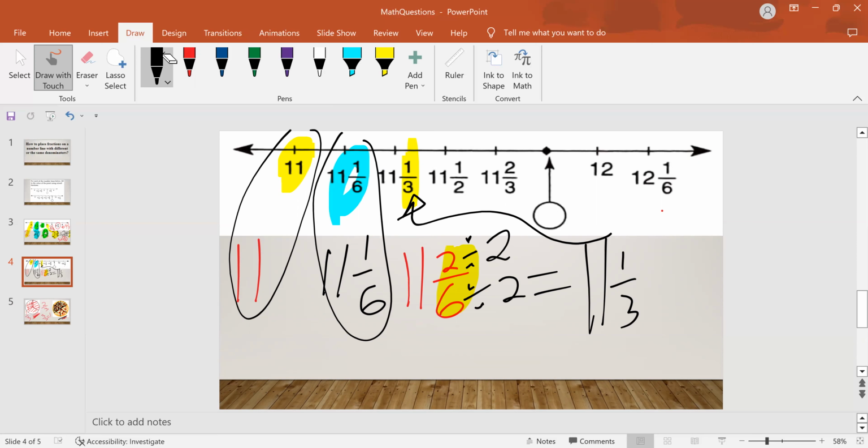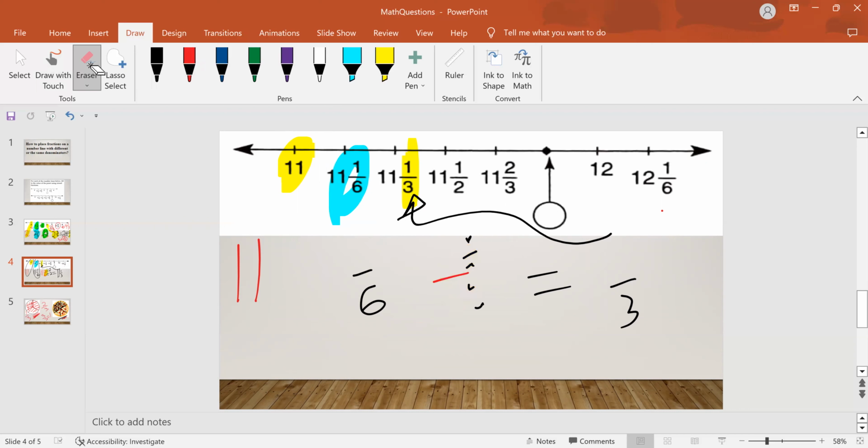So after we use 11 and 2 over 6, we're going to use now 11 and 3 over 6. Again, I will write it clearly so you will see the pattern, because there is a pattern going here.